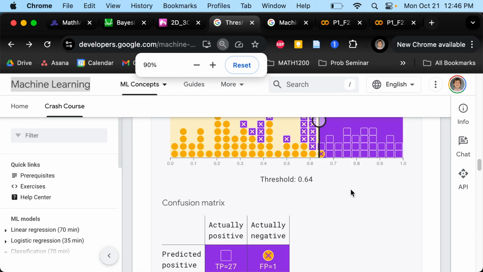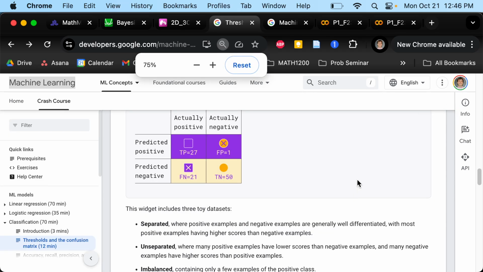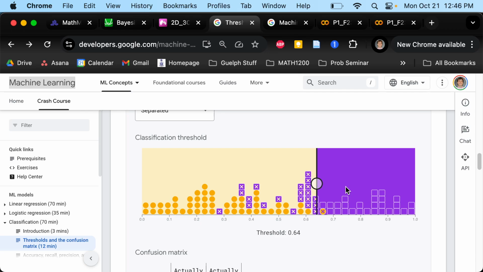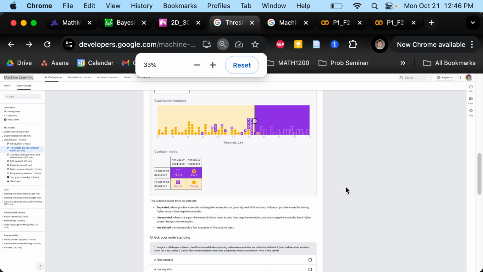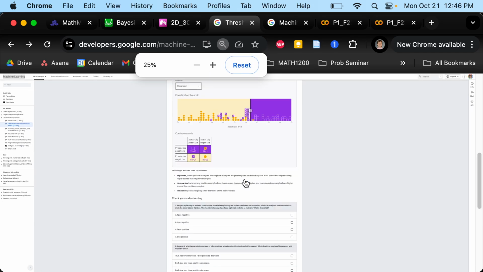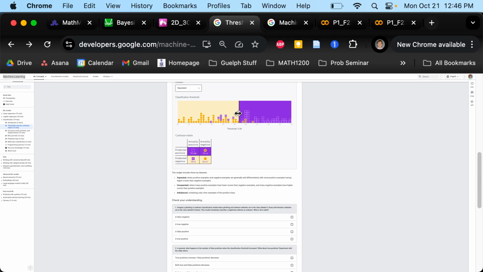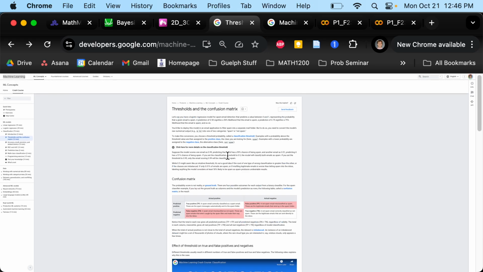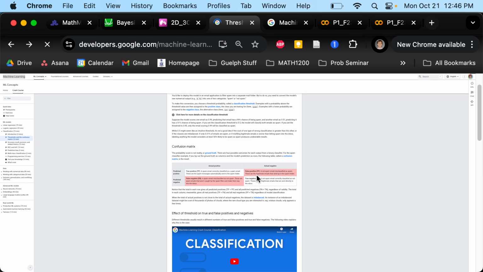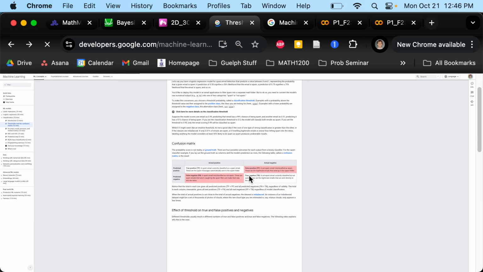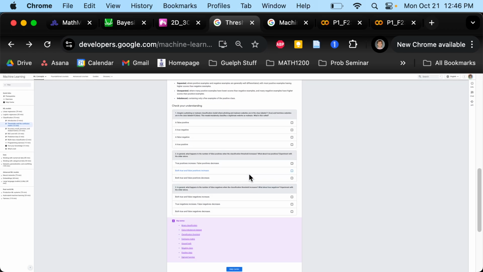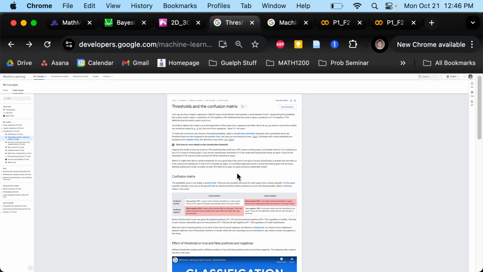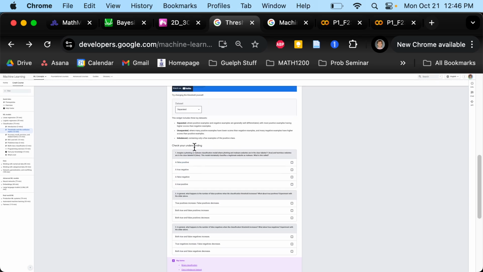If I zoom out a little bit more, where's the ROC curve? Hello? But there was an ROC curve. Where is the ROC curve? Let me try refreshing. Maybe I'm just a crazy person. I have to choose.